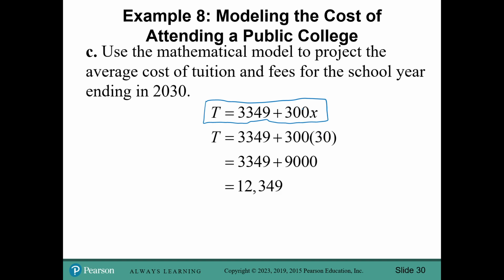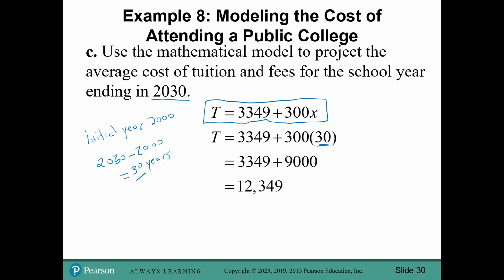And we know that our initial year was the year 2000. The year that we're solving for is 2030, which is a difference of 30 years. This 30 years is what we are plugging in for x.